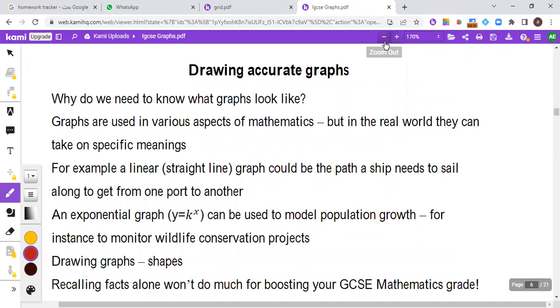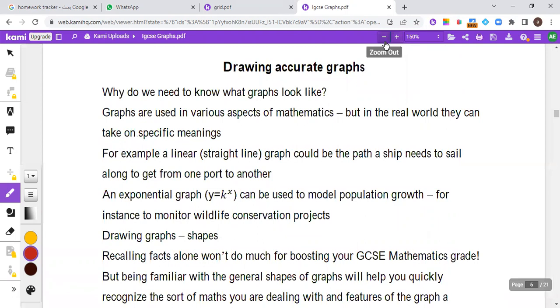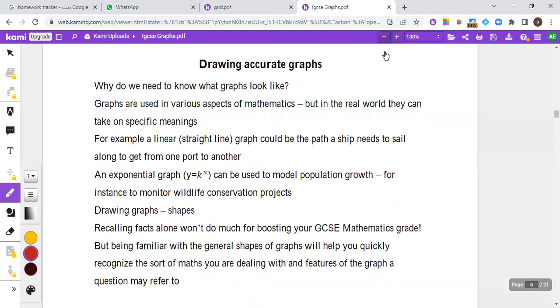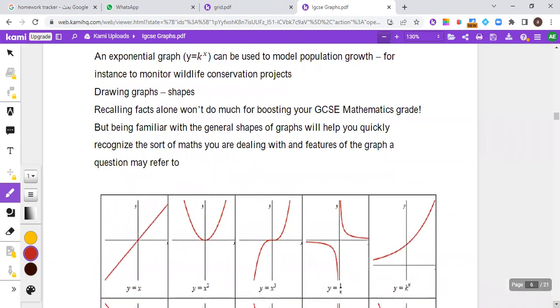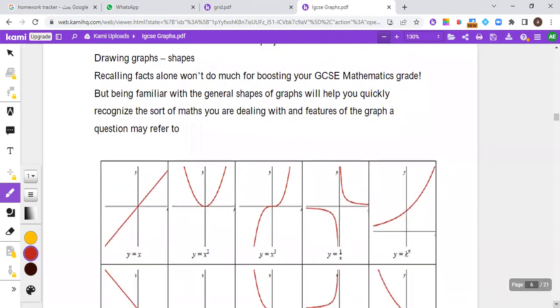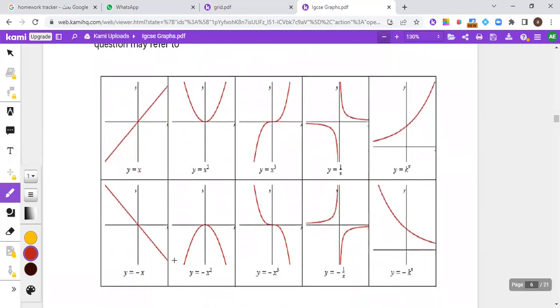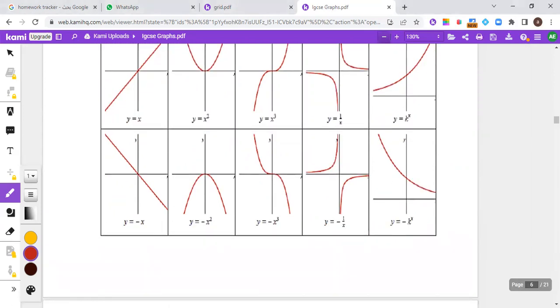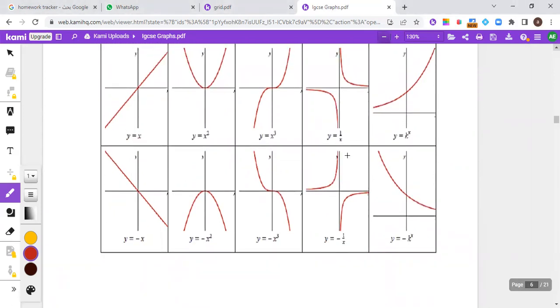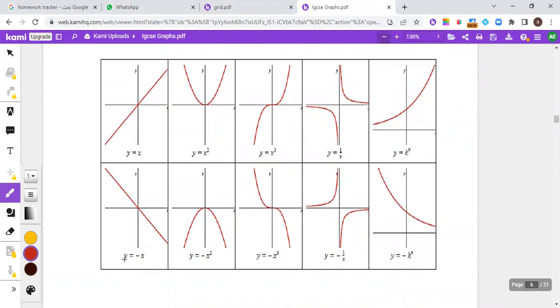Drawing accurate graphs. Guys, you see the chart shown on the screen? Yes.